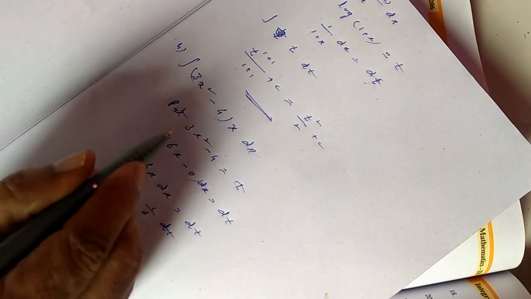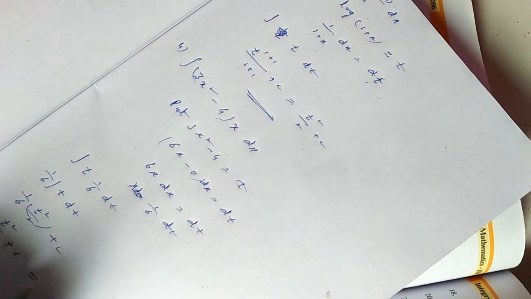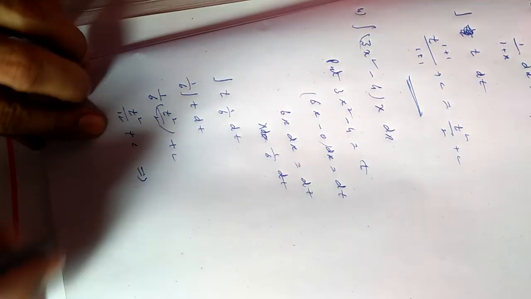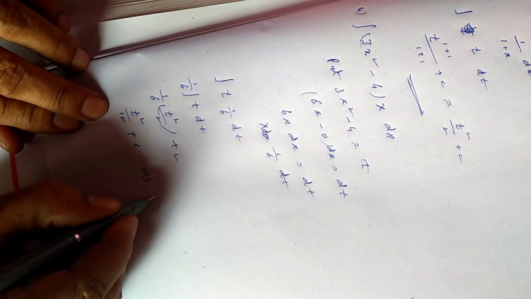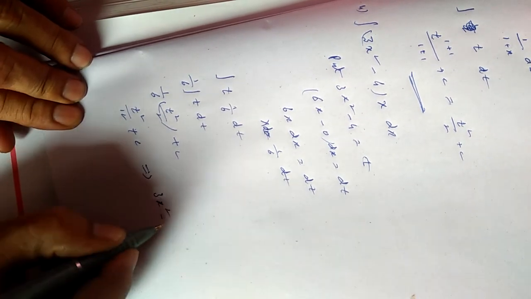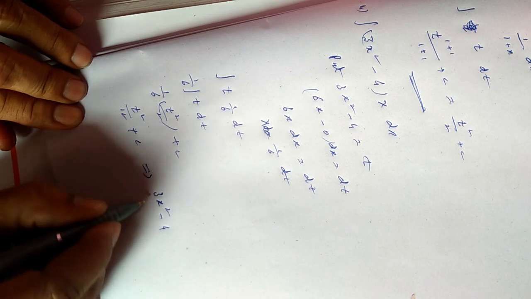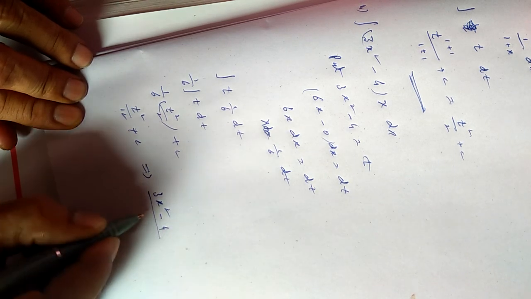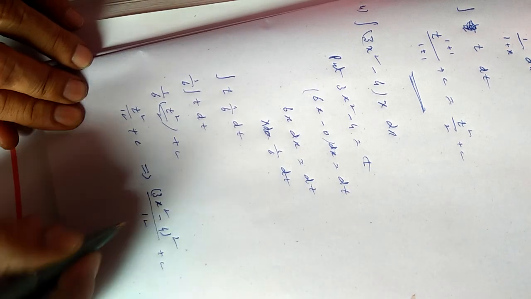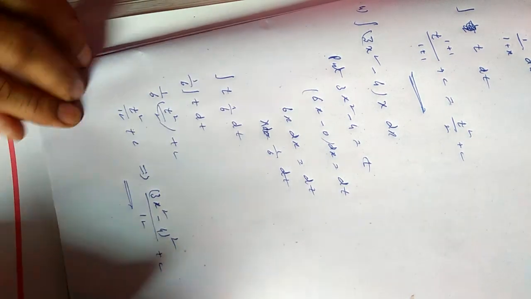T means 3x square minus 4, whole square by 12, plus c. This is the fourth problem.